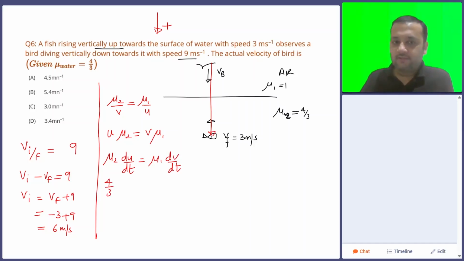Mu2 is the 4/3 value. du by dt is basically the velocity of the bird, which we intend to find. And mu1 is 1. And dv by dt was actually the velocity of the image of the bird, which we have already found to be 6. So from here, you can see that the velocity of the bird comes out to be 6 into 3 by 4, which is 18 by 4, which becomes how much? 4.5 meter per second. So that will be the correct answer for this question.